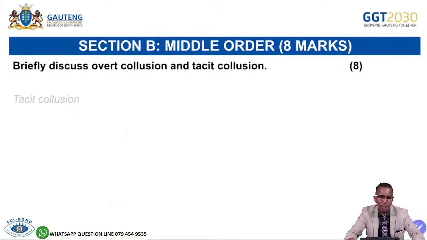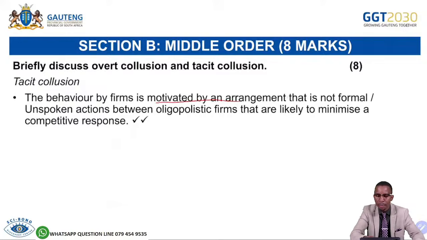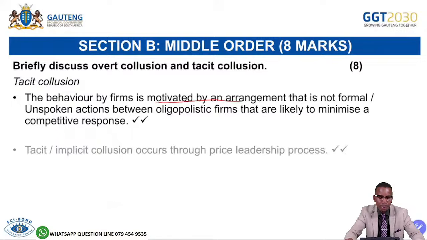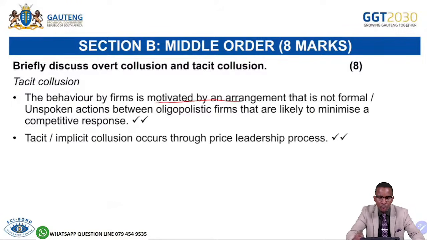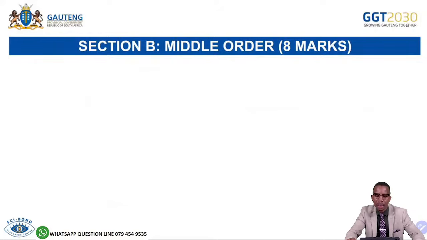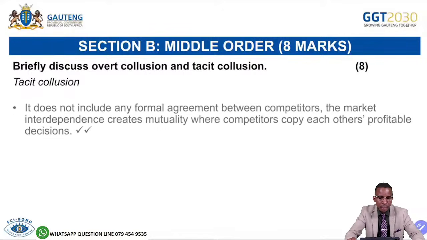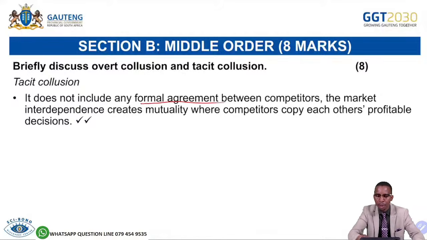And then we continue with the same question. Tacit or implicit collusion. The behavior by firms is motivated by an arrangement that is not formal, or unspoken actions between oligopoly firms that are likely to minimize the competitive response. And then tacit or implicit collusion occurs through the price leadership process. Then remember, price leader was defined. We continue. It does not include a formal agreement between competitors.